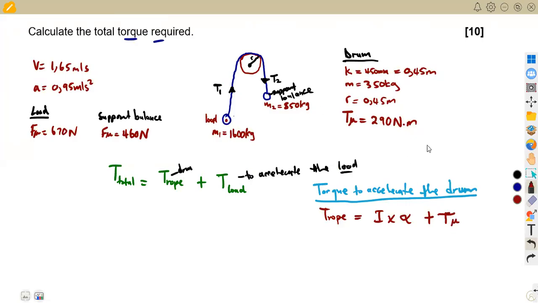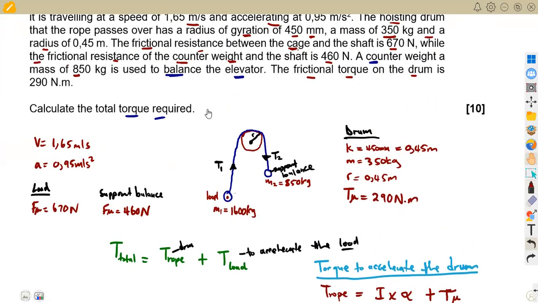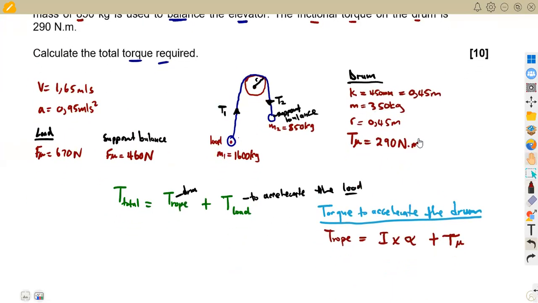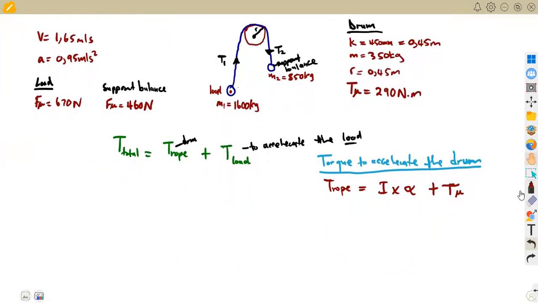If you are not given it, then it's fine. But here, take note, we are given the frictional torque on the drum, so we are going to work with it. This is the formula you are supposed to use. But take note, we do not have the inertia, and we do not have the angular acceleration.